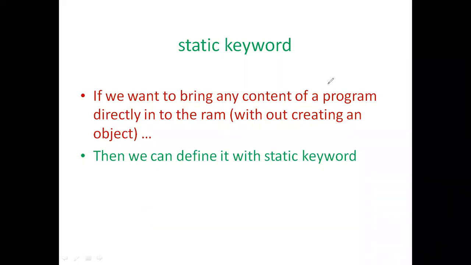Whatever it may be, if your program consists of 100 lines or 1000 lines or 1 lakh lines, and you want to bring a single line or a group of lines, then mark the single line with the static keyword, or mention the group in a block and mark the block with the static keyword. Then all of it will be moved into the RAM directly, and there is no need to create an object for them. That is the main use of the static keyword.